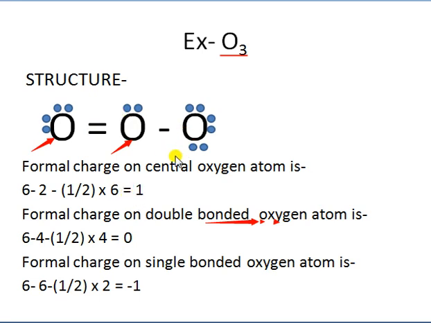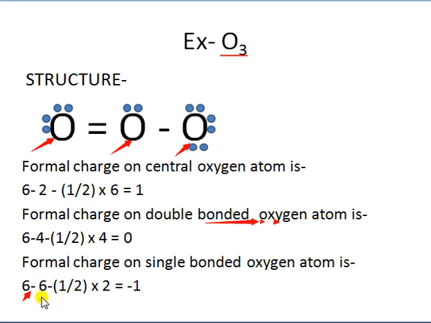Now comes the third one, this one, which contains one single bond with the central oxygen atom. It creates only one single bond with the central oxygen atom. Now the formal charge. Oxygen has 6 valence electrons, so that's why here I am writing 6. Minus 6 for the non-bonded electrons, that means the lone pairs of electrons. Here it contains 3 lone pairs, that means 6 electrons.